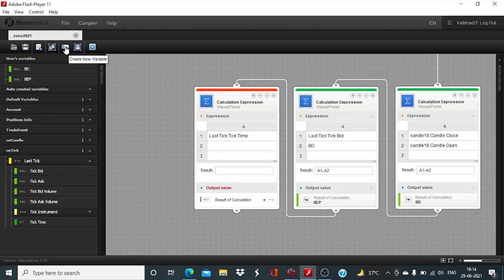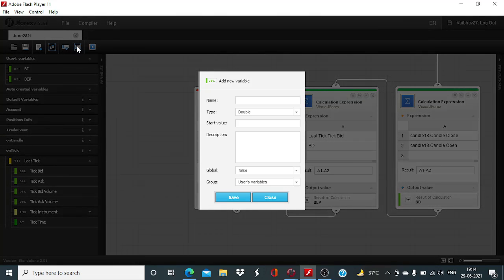So I have to create a new variable, and the value will be 3.6 million. I think I'm right.